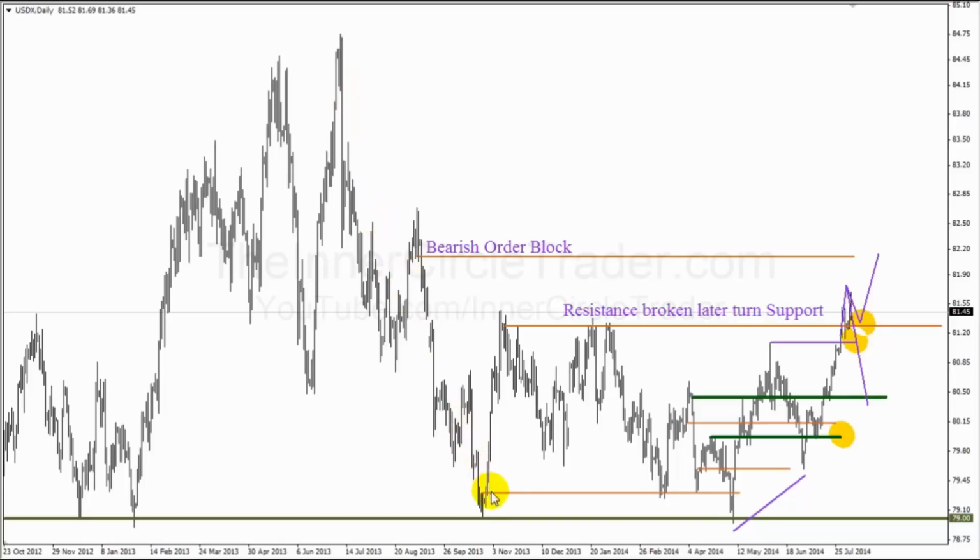When the dollar rallies, anytime the price of the dollar is rallying up, depending upon what time frame you're referring to, obviously this is a daily chart, this would be a swing between this low and this high. This would be classified as a risk off scenario. Risk off would be the dollar rallying.